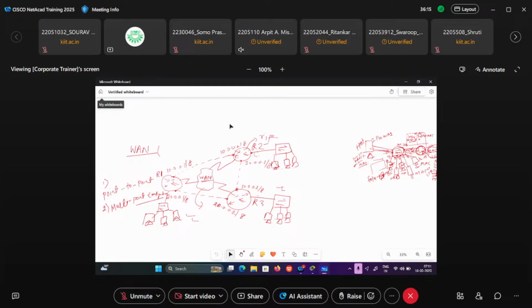And the second method is multi-point configuration.